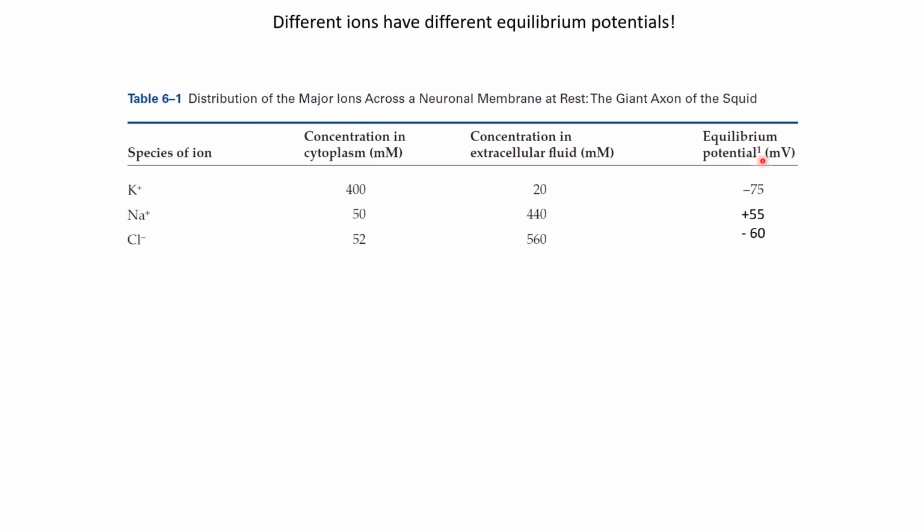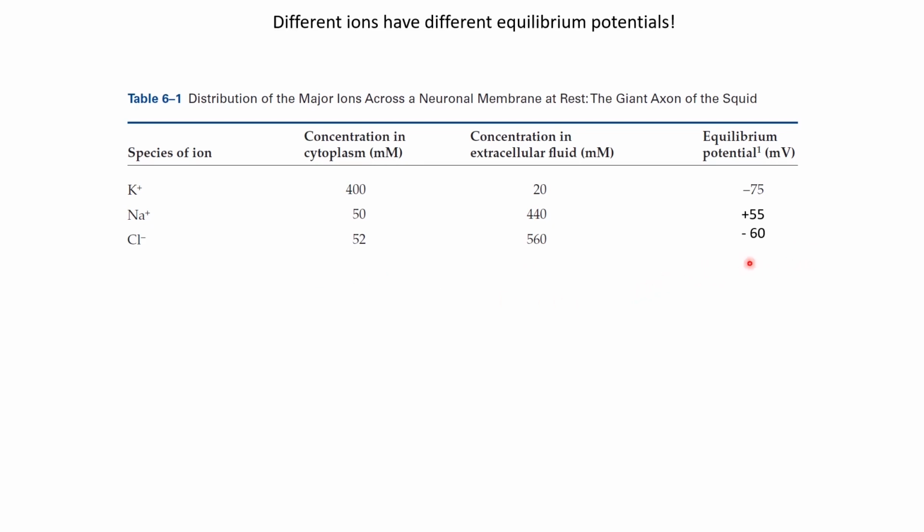So now we have the equilibrium potential values for all these ions. If the membrane potential is the same as any of these values, then that particular ion will not have a driving force and will not move. But if the membrane potential is different, then depending on the magnitude of the difference, there will be a driving force on different ions, and these ions will move through their corresponding channels.